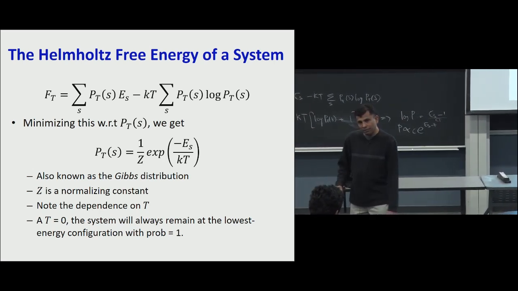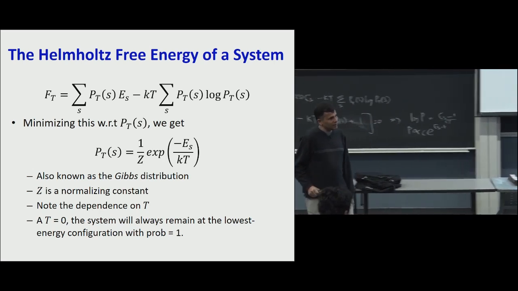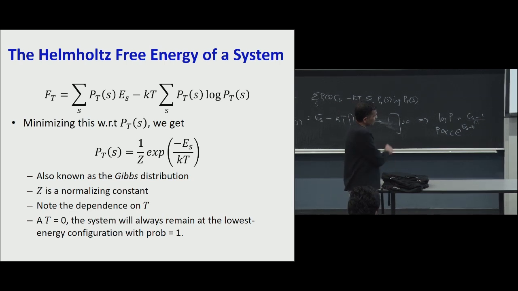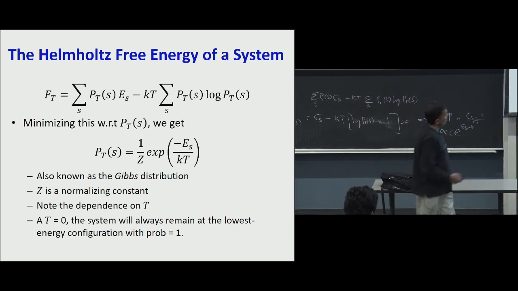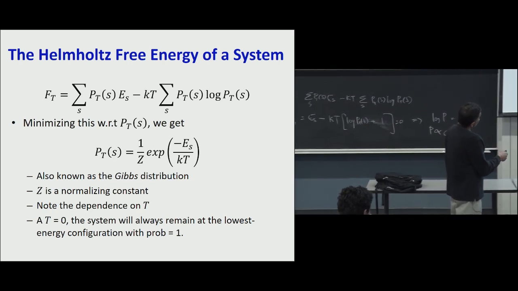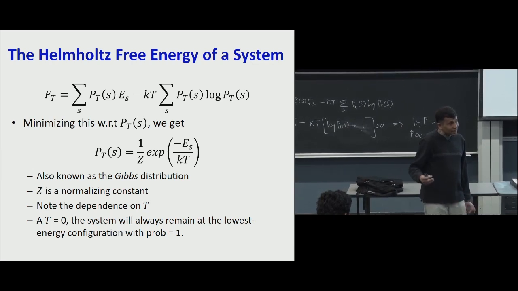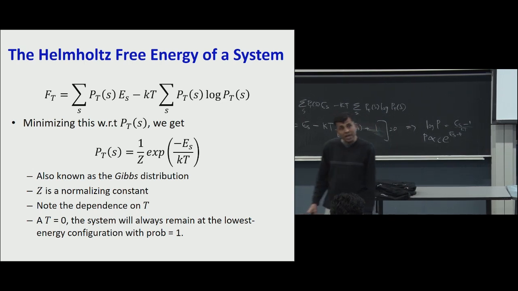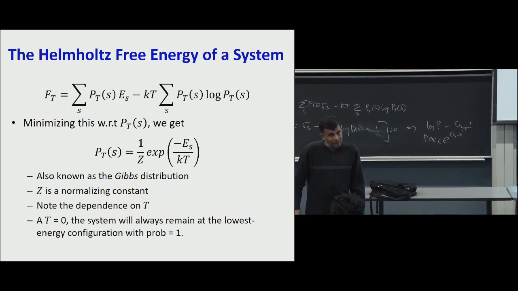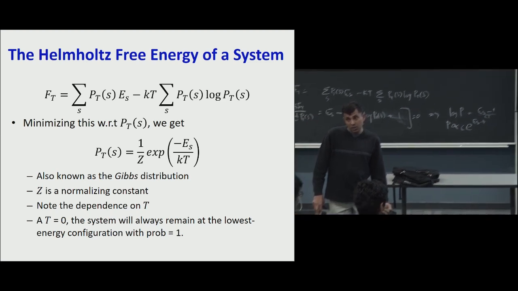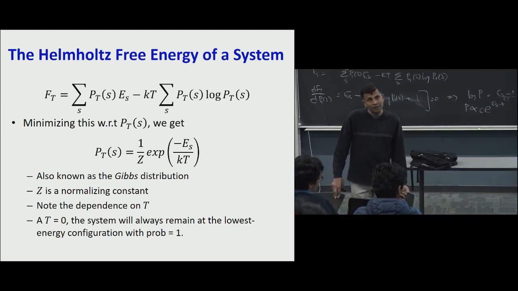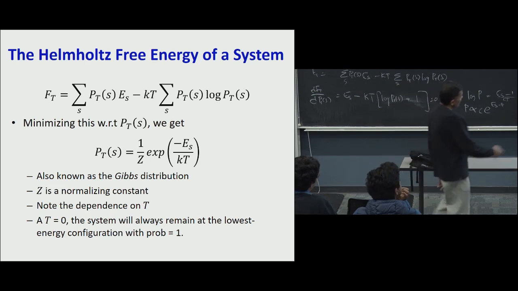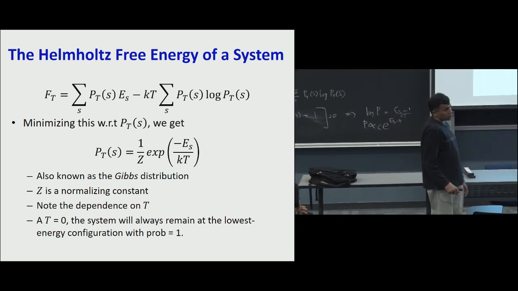Again, you can redo this math yourself. I'm making a few mistakes, but it's trivial math. When you actually minimize the energy, it's going to arrive at this probability distribution over states, where the probability of being in any state is proportional to e raised to the negative of the energy of that state, divided by a factor which is proportional to the temperature.